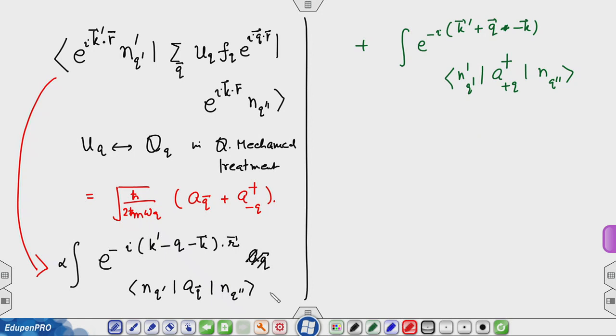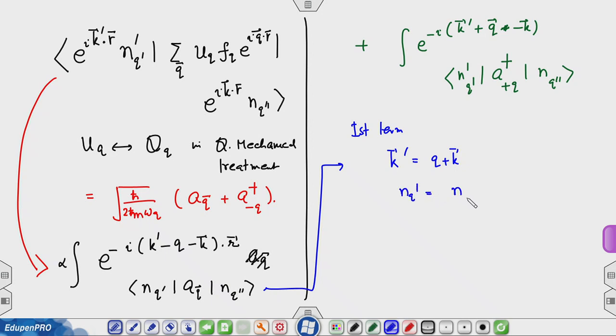Now, you see that the first term, this one, when I integrate over space, gives you that k prime should be equal to k plus q, and n_q prime should be equal to n_q double prime minus 1, and q prime equals q double prime. In fact, it is going to be equal to q, because that is the operator, that is the only place it will work.